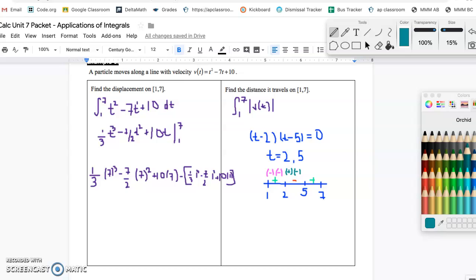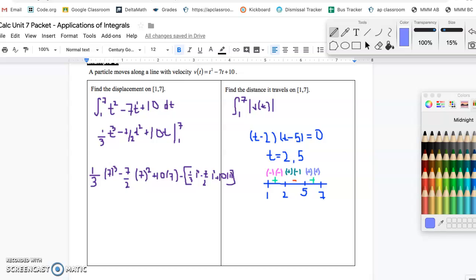For my last one, a number like 6: 6 minus 2 is positive, 6 minus 5 is positive. Positive times positive also gives you a positive.